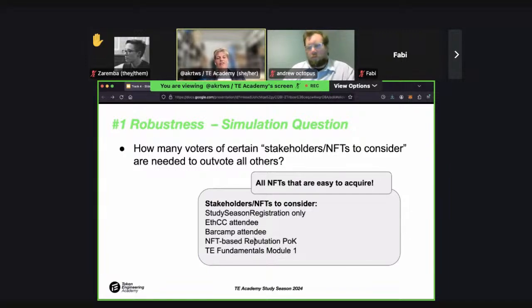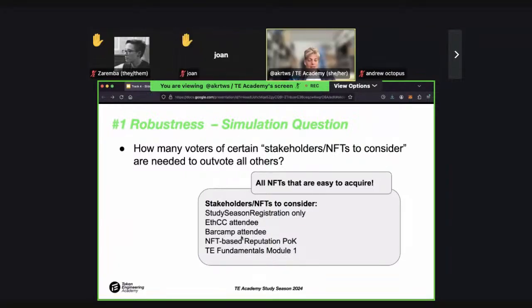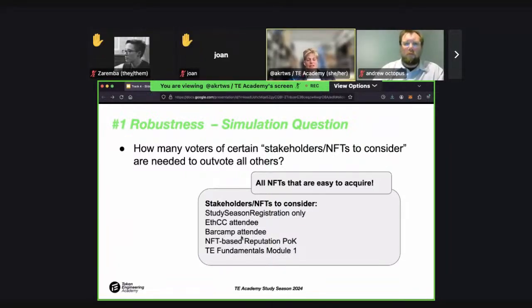This would be the NFT for Barcamp speakers, which is not listed in this list, or be a Barcamp attendee. We didn't verify, this is also important to know, at EFCC attendee or Barcamp attendee, there was no verification on knowledge acquired. So we can't be sure that these people really gained new insights on the token engineering discipline. And yeah, Barcamp was a live event last year.